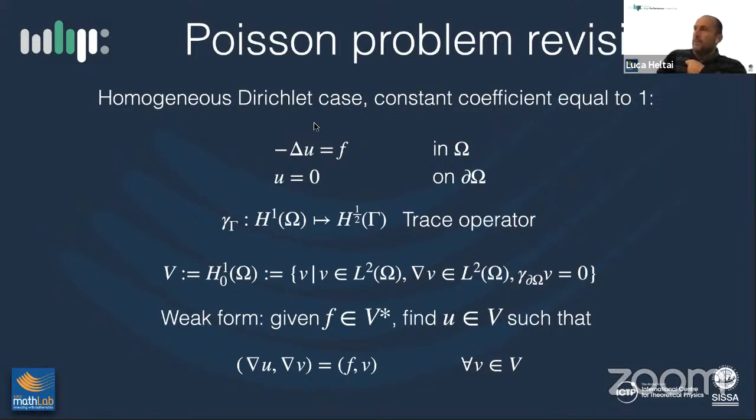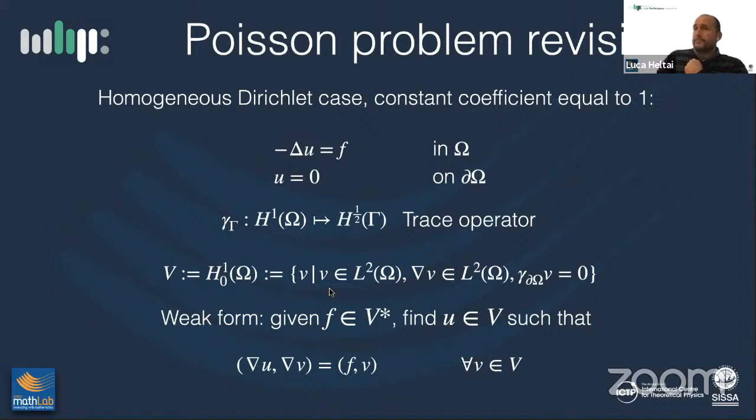If you multiply with v and integrate by parts, the integration by parts will give rise to a boundary integral, and that integral goes to 0 because the trace of v is equal to 0 on the boundary. And so you're left with this variational form that we had here.